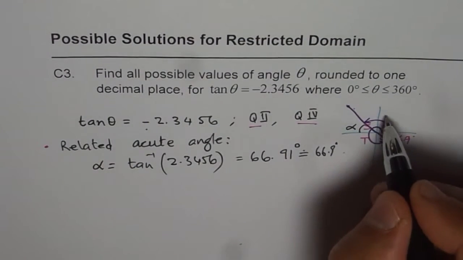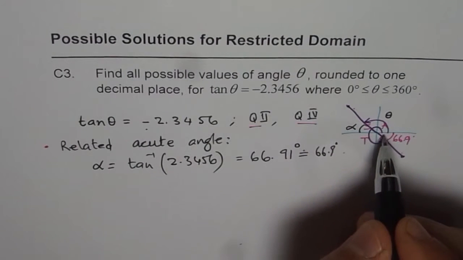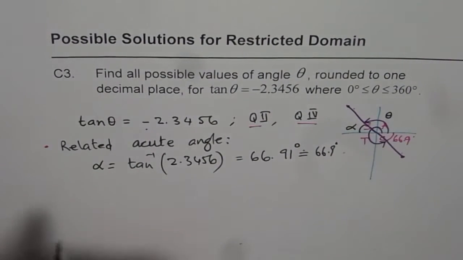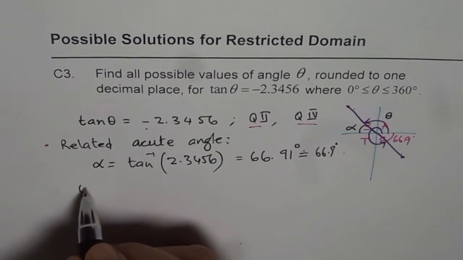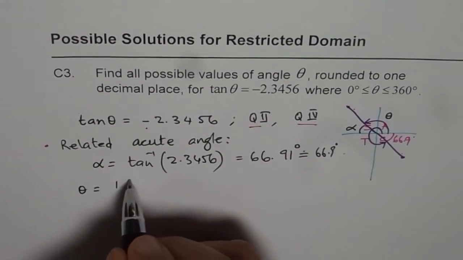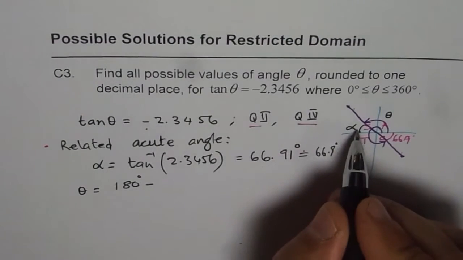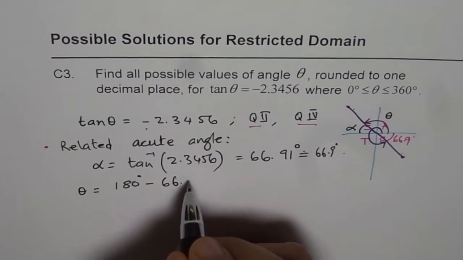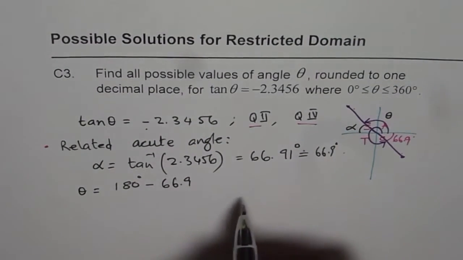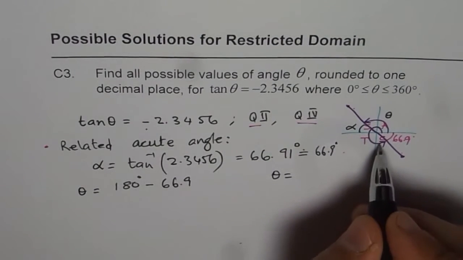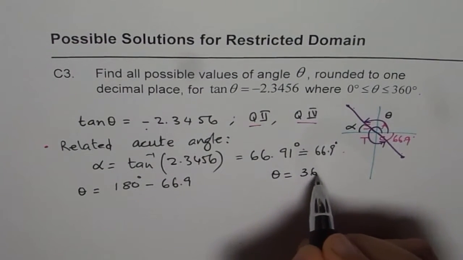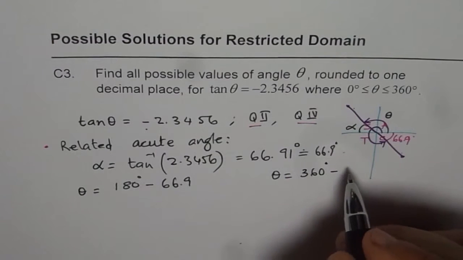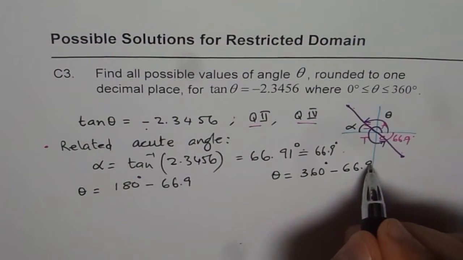Whenever we say angle theta, it really means from the positive x-axis, counterclockwise. So the first solution for theta is 180 degrees minus alpha, which is 66.9. And the second solution of theta will be this angle, which is 360 degrees minus 66.9.